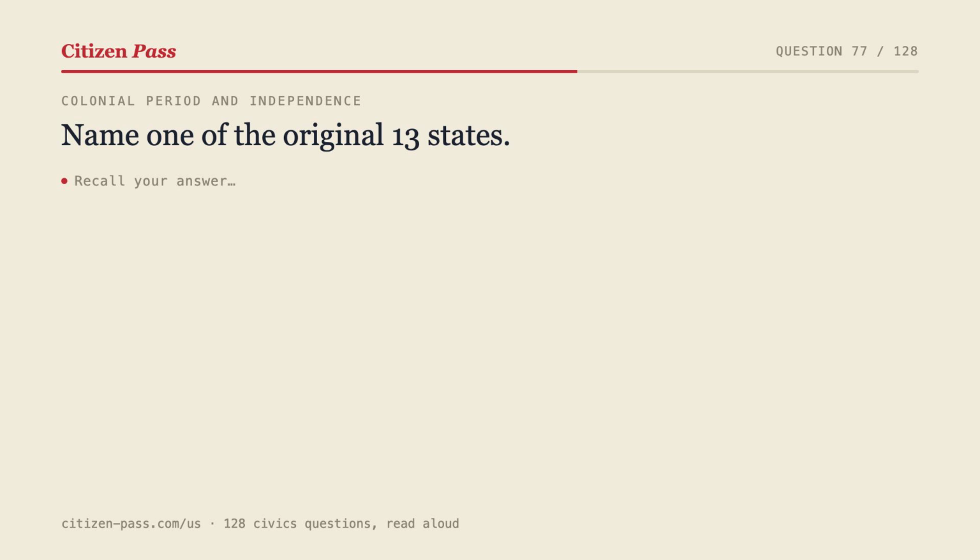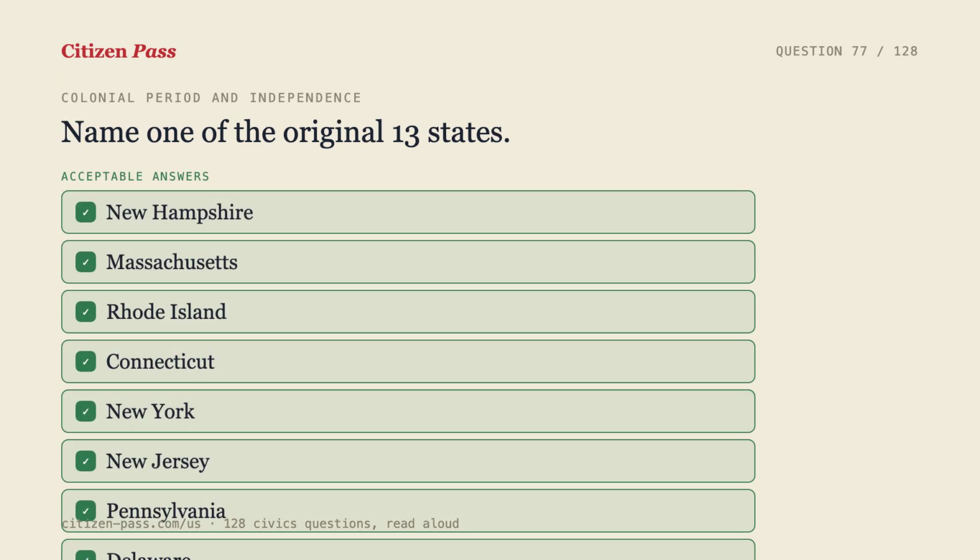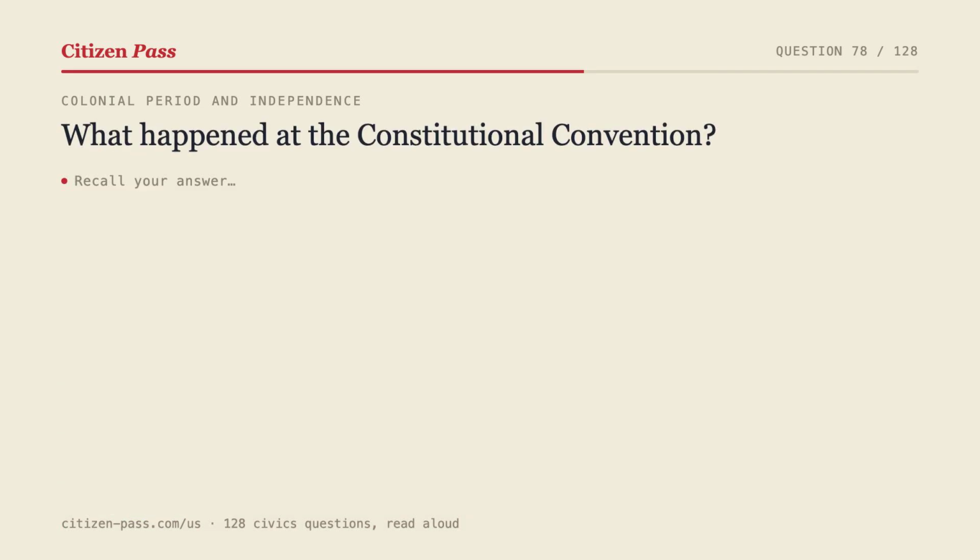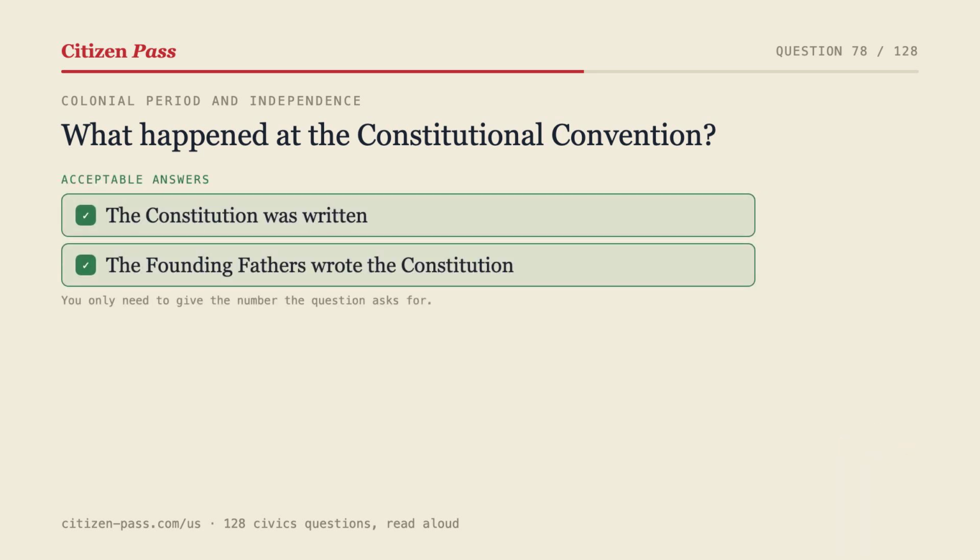Name one of the original 13 states. Acceptable answers include New Hampshire, Massachusetts, Rhode Island, Connecticut, or New York. What happened at the Constitutional Convention? Acceptable answers include the Constitution was written, or the Founding Fathers wrote the Constitution.